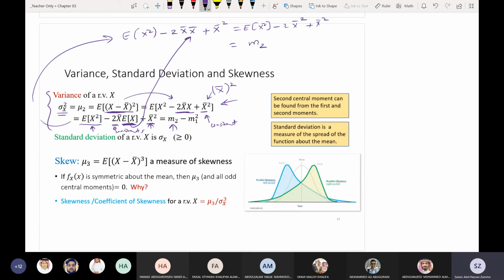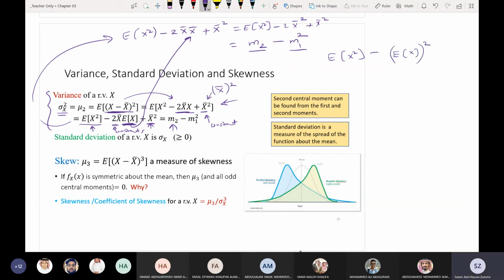M2, which is the second moment, minus how much? M1 squared, which is x bar squared, the average squared. We must distinguish, this is different from this. So the expected value of x squared and the square of the expected value of x.